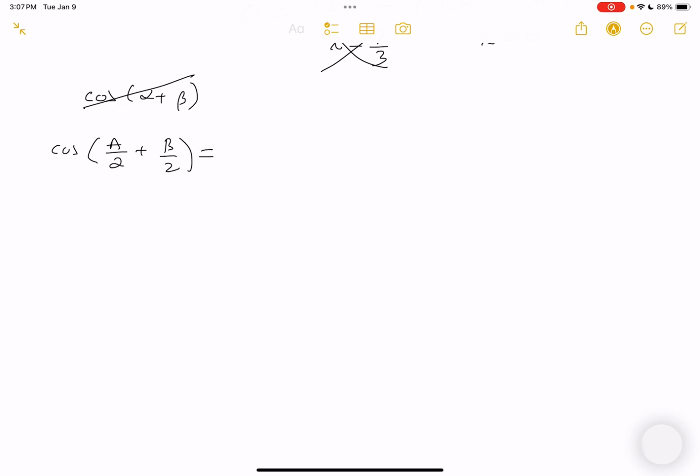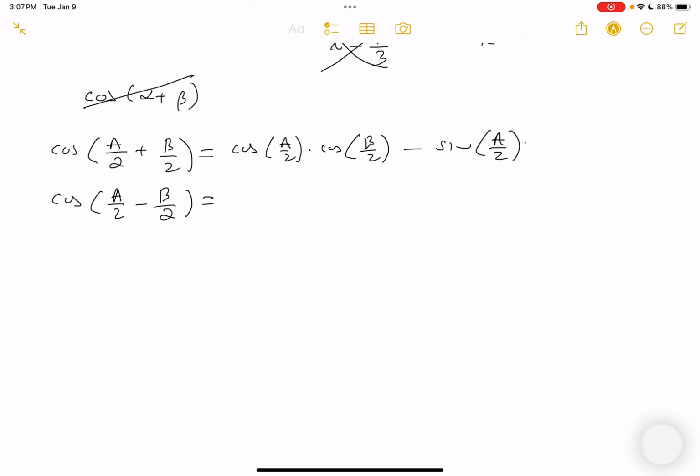All right? And again, probably I'd also write down cosine of A over 2 minus B over 2. This reminds me of the derivation of the product sum formulas. But anyway, let's go through it. You get cosine A over 2, cosine B over 2, and there's going to be minus sine A over 2, and then sine of B over 2.